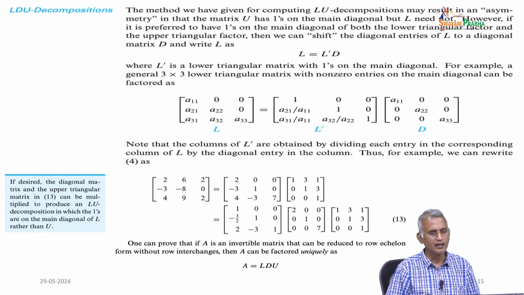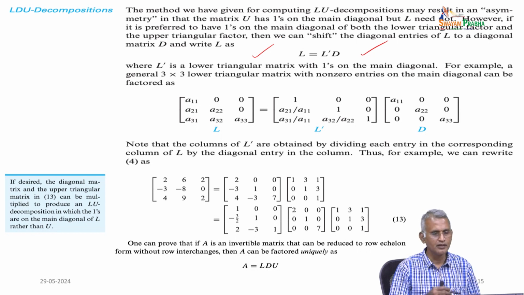However, if it is preferred to have ones on the main diagonal of both the lower triangular factor and the upper triangular factor, we can shift the diagonal entries of L to a diagonal matrix D and write L equal to L dash D, where L dash is the lower triangular matrix with ones on the main diagonal.